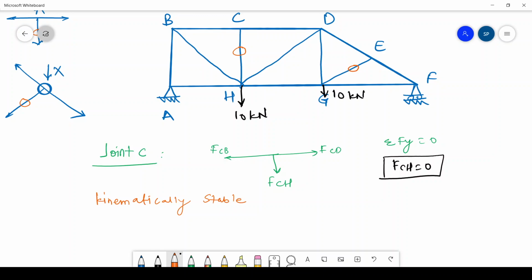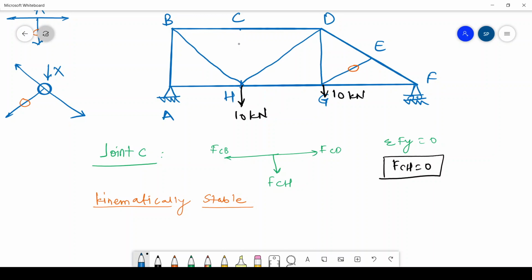The structure will not be kinematically stable if you remove this member. So if I remove this particular member CH, what will happen? As we assume this as a pin jointed structure, it will not remain in the position in which it has to be.